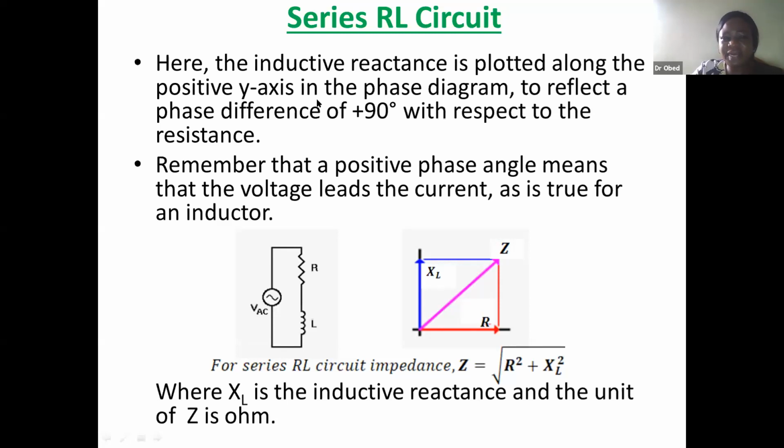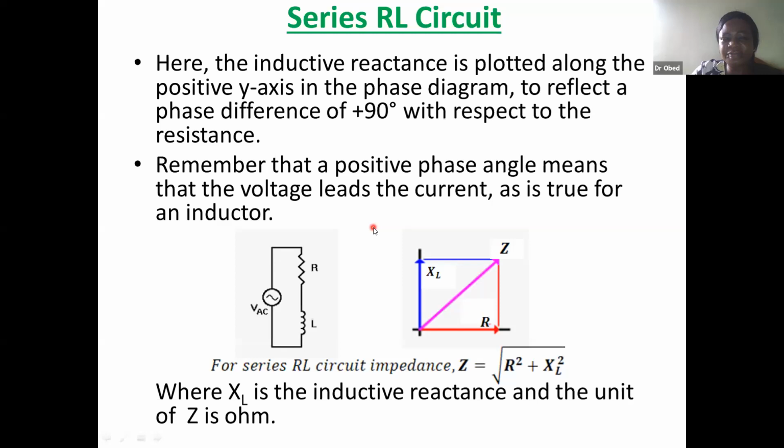Here, the inductive reactance is plotted along the positive y-axis in the phase diagram to reflect the phase difference of plus 90 degrees with respect to the resistance. Remember that a positive phase angle means that the voltage leads the current, as is true for an inductor.